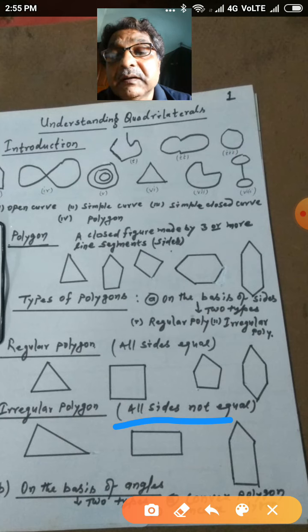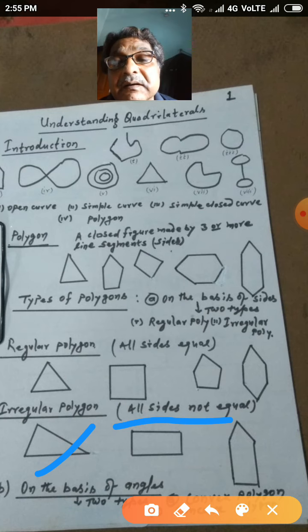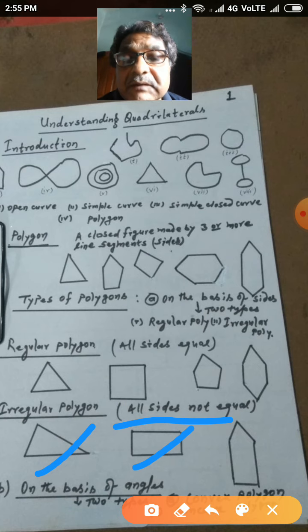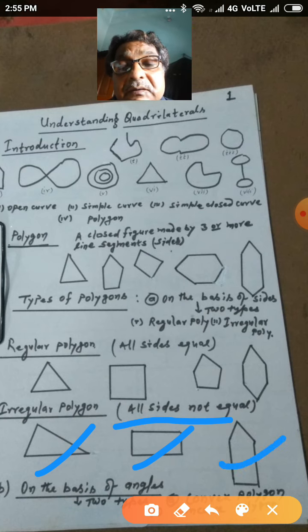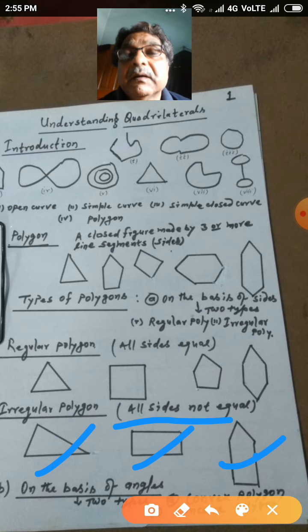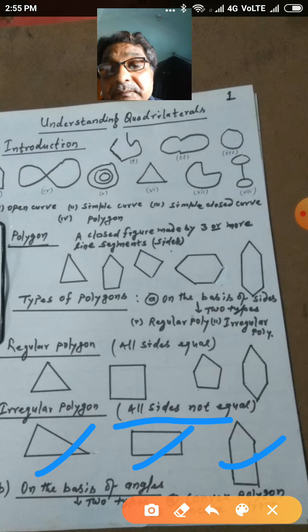Example is, in 3 sides it is a scalene triangle, it may be an isosceles triangle. In 4 sides it is a rectangle, parallelogram, trapezium, etc. Similarly it is of 5 sides, that is a pentagon. So either you say it pentagon simply, or you can say irregular pentagon, because if it is regular then we must mention regular pentagon. Okay, so this is one type of classification.